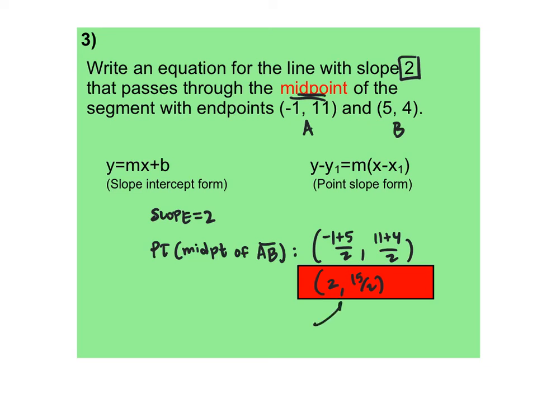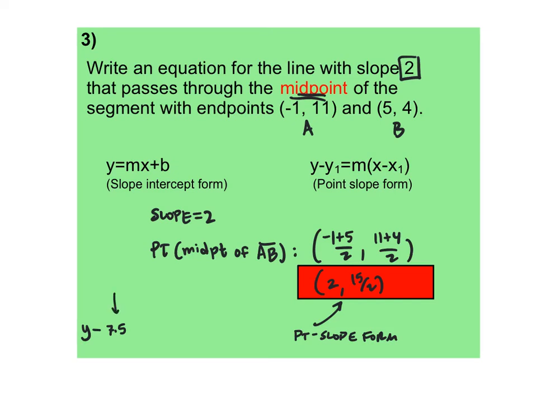So when I come out with this point, I see this is just a regular old point. It's not the y-intercept. Therefore, I'm going to use point-slope form, because this point (2, 7.5) is not the y-intercept. So I'm going to take y minus y, which would be y minus 7.5.